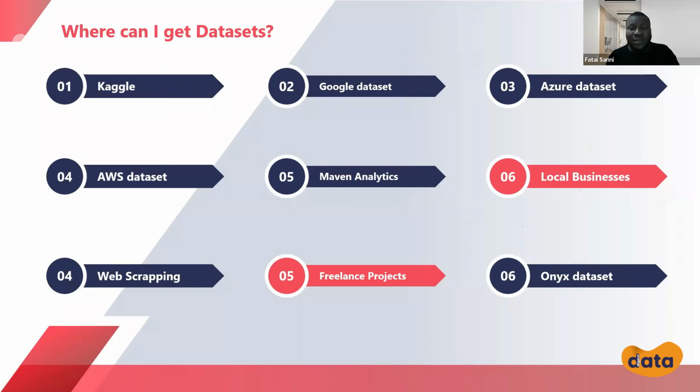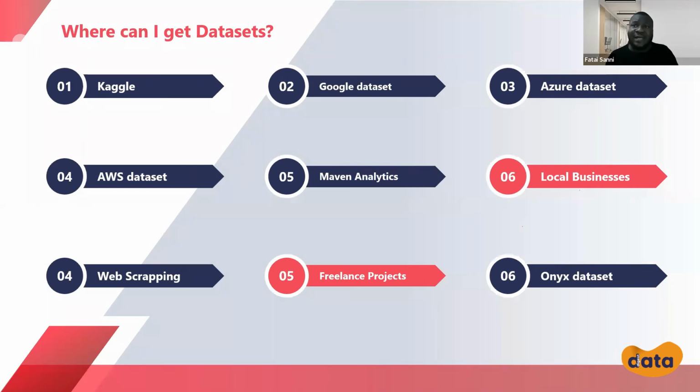I was on the call last week where Rashid was walking us through how to make use of some of these data sets on Google Cloud Platform to build your project. So those are some of the places you can get data sets. There are also what I will call competitions or challenges that you can join.